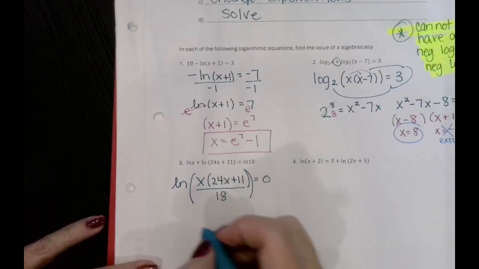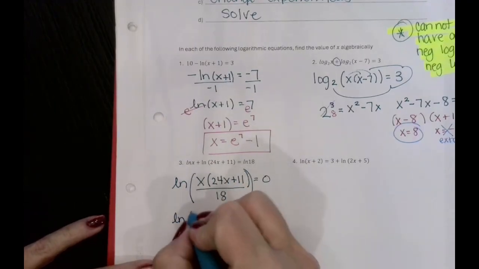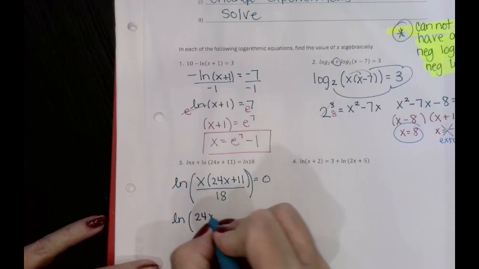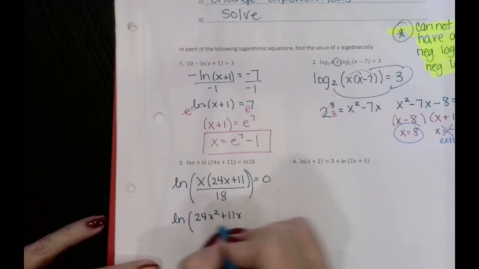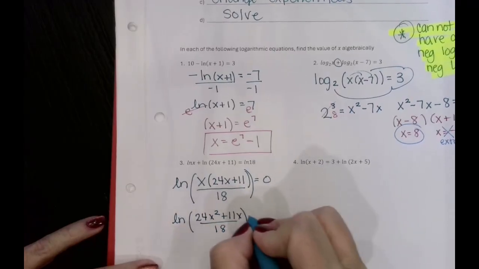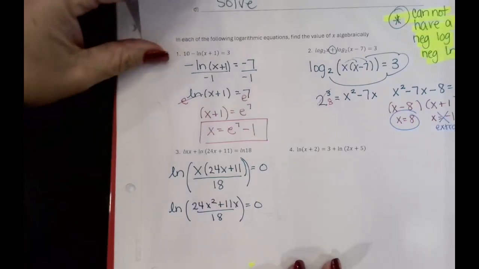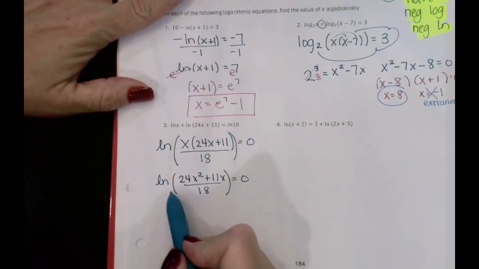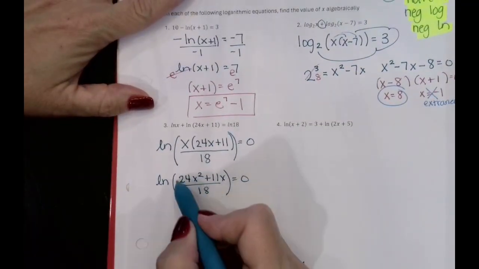So if I simplify this a little bit, I have ln of 24x squared plus 11x over 18 equals 0. Now, here I'm going to take this and turn it into an exponent.